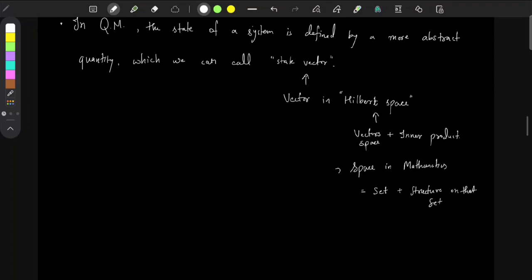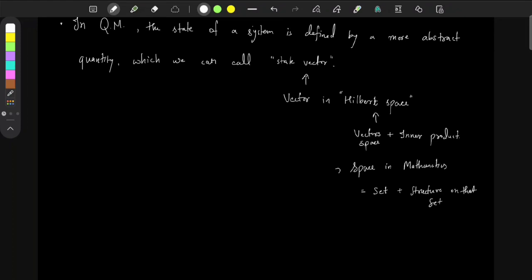Different structures lead to different kinds of spaces: vector space, metric space, topological space. In fact, a group is also a sort of space in that sense. This Hilbert space which we are talking about has several properties. It is a vector space, it is also an inner product space, and it also has more structure which leads to the name Hilbert space.